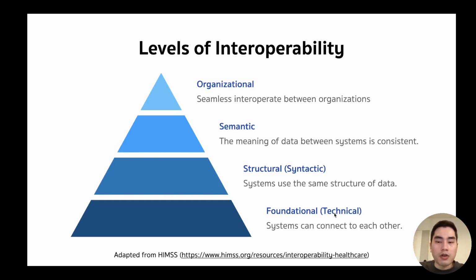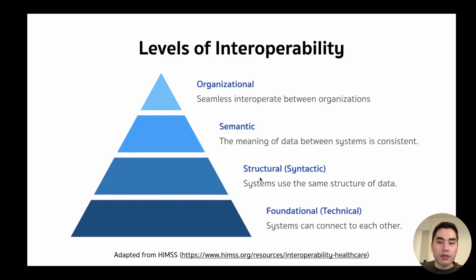Foundational or technical interoperability is when systems can connect to each other technically. Let's say two computers, if they are not connected to the network at all, then of course we cannot communicate between them. At least they have to connect to each other in some way.